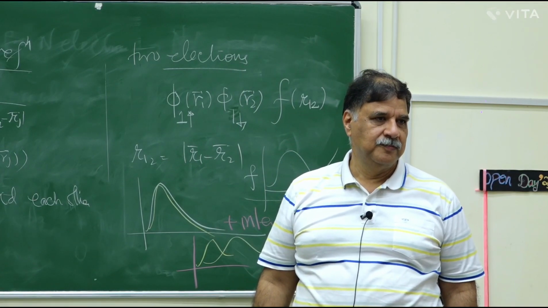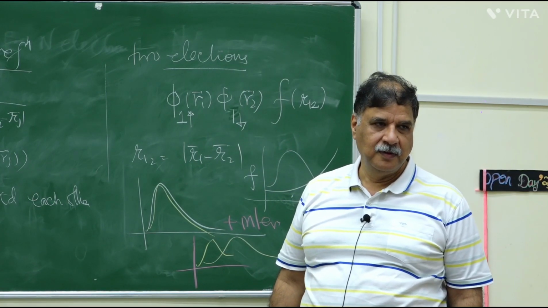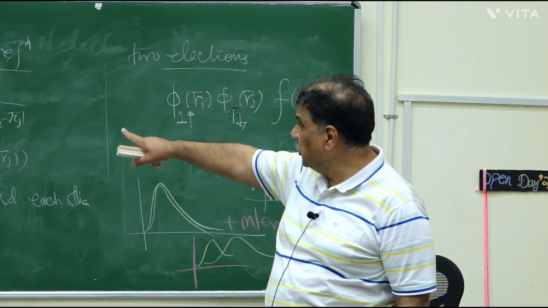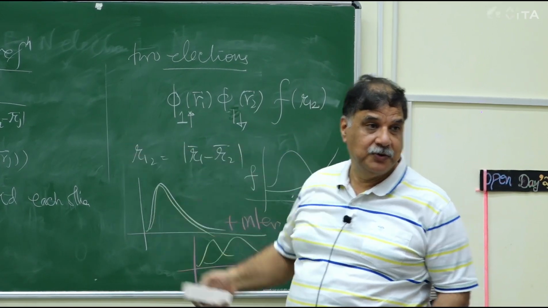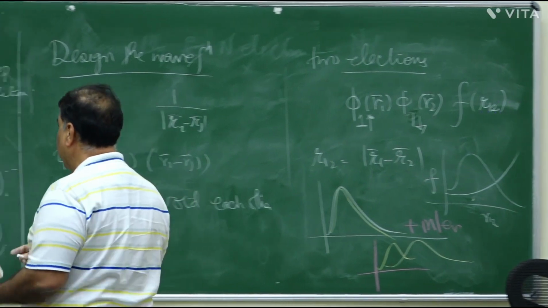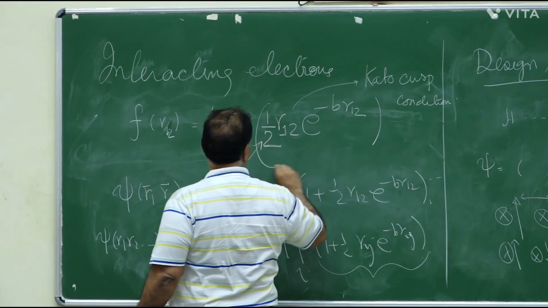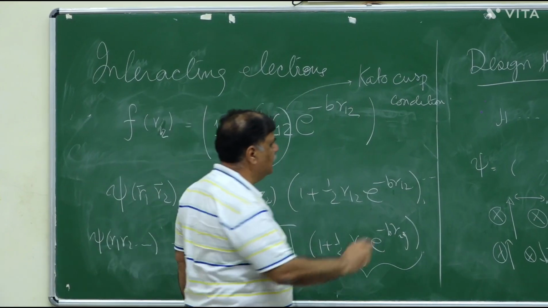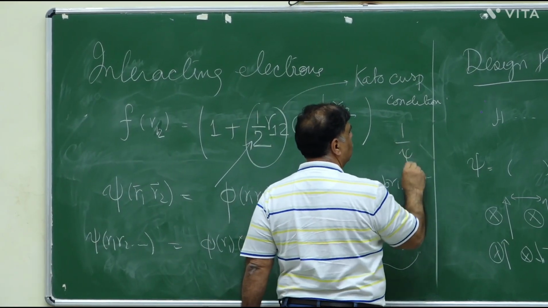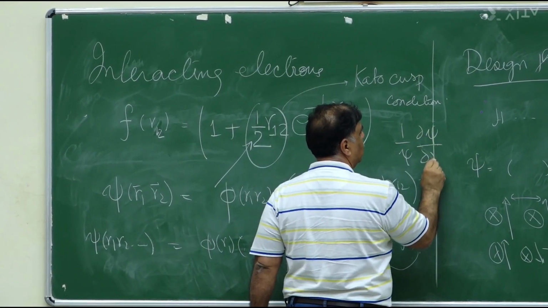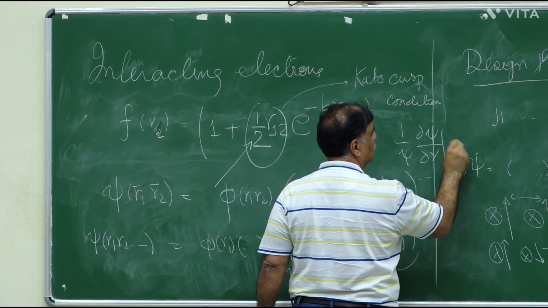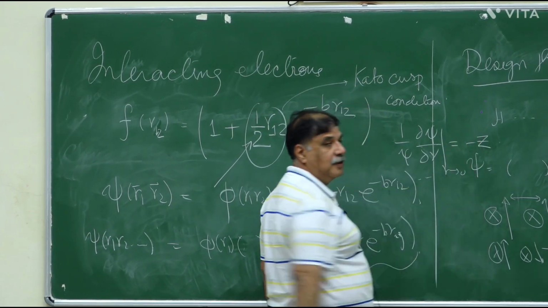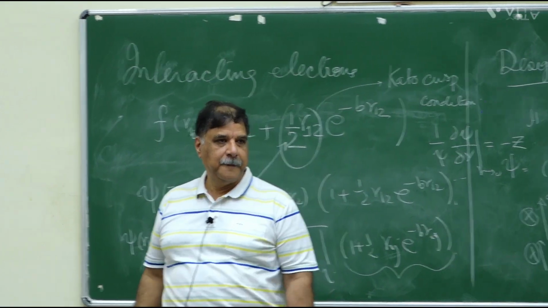So the form of R12 is the limit. The condition is at R12, half R12. That the condition actually, if you look at the atoms, it is that 1 over psi, d psi by dr, r tending to 0 is equal to minus z, the nucleus.